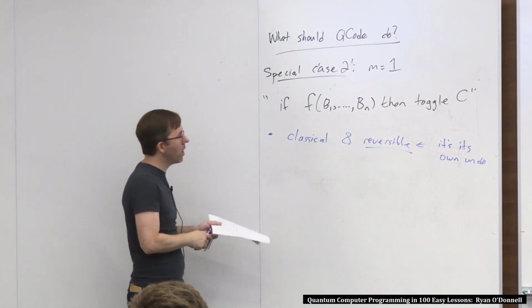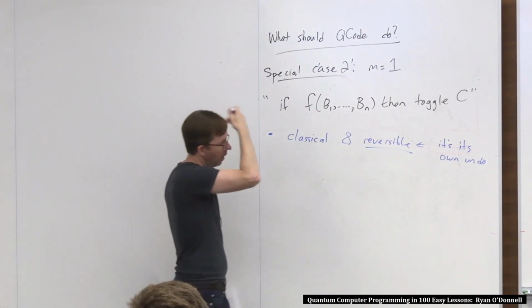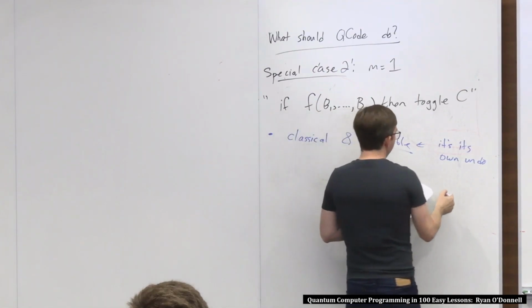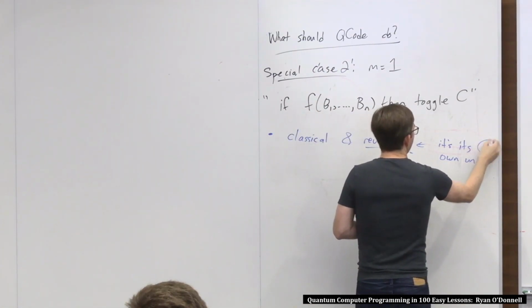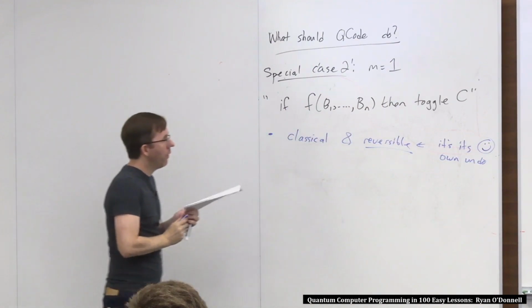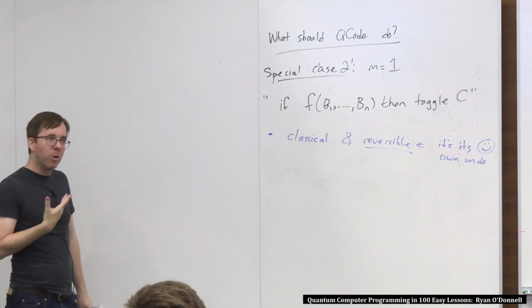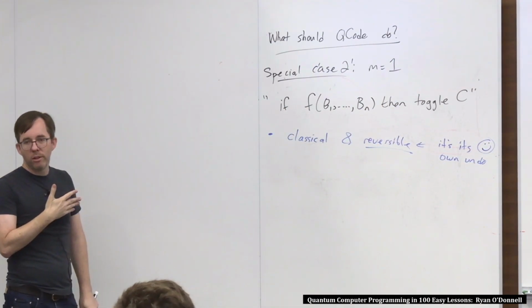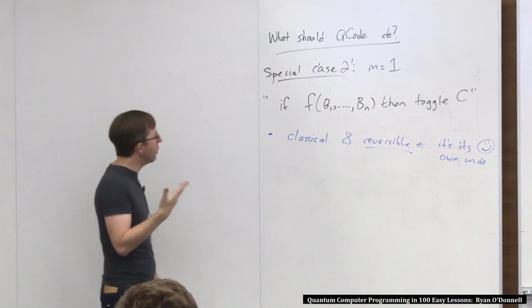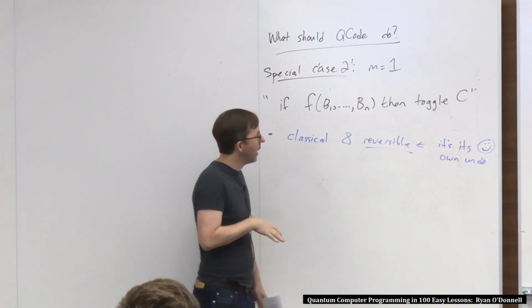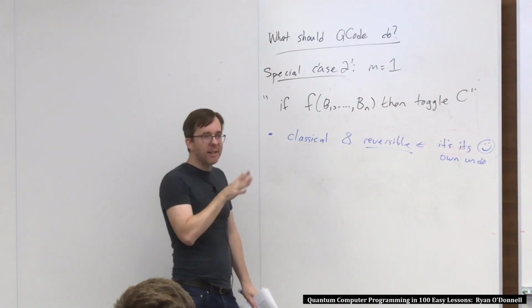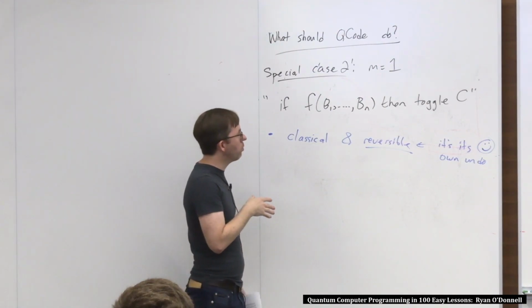So this is a valid thing to want a quantum code to do. In principle, we know this ought to be programmable, because I promised you that every unitary transformation really is programmable.